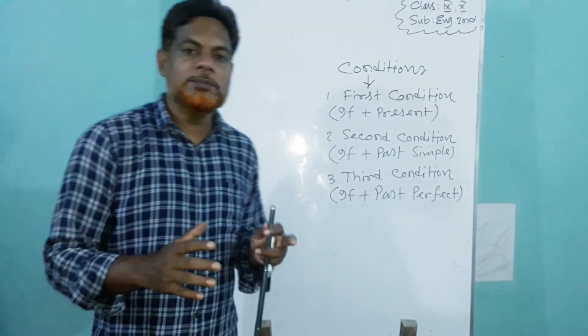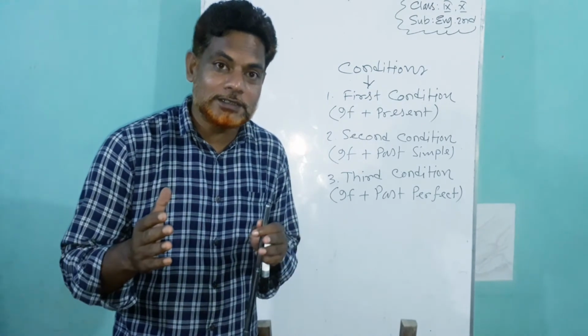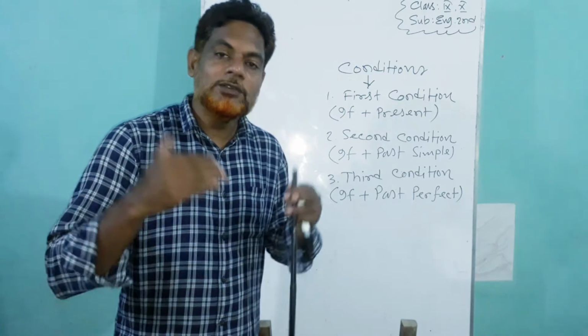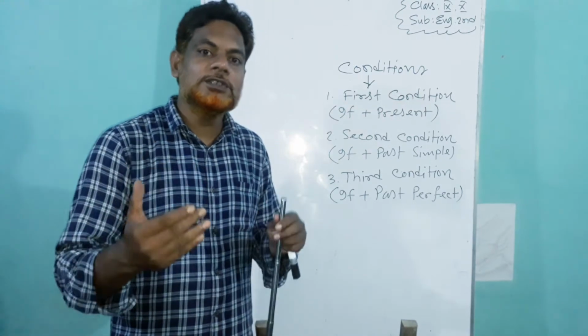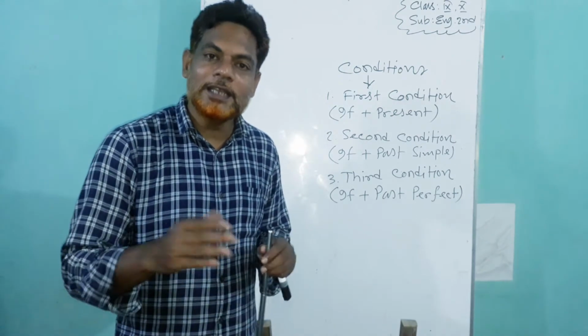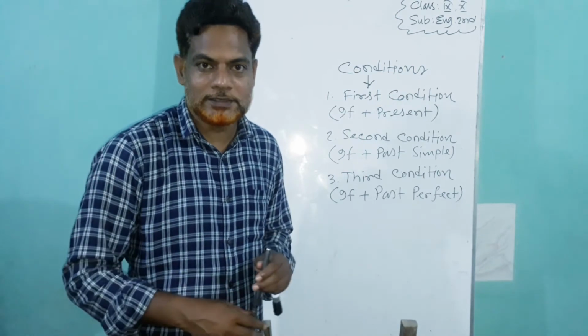When you are told to complete an incomplete sentence, and if there is a condition, you have to identify which condition it is. If you can identify it, then it will be easy for you to complete the complex sentence.